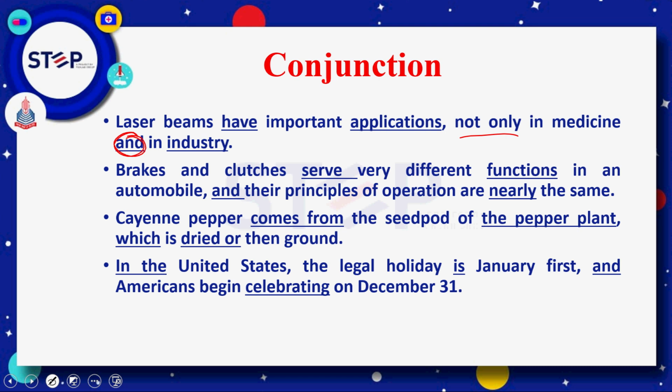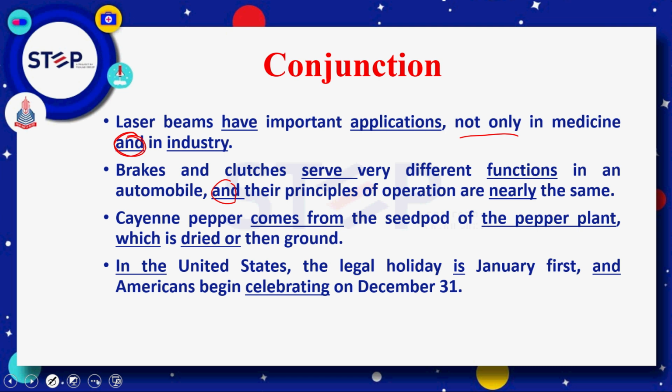Brakes and clutches serve very different functions in an automobile and their principles of operation are nearly the same. This and is wrong over here because and introduces two parallel, logically streaming ideas or chunks of the sentence. Over here there is a shift, there is a turn of the flow.